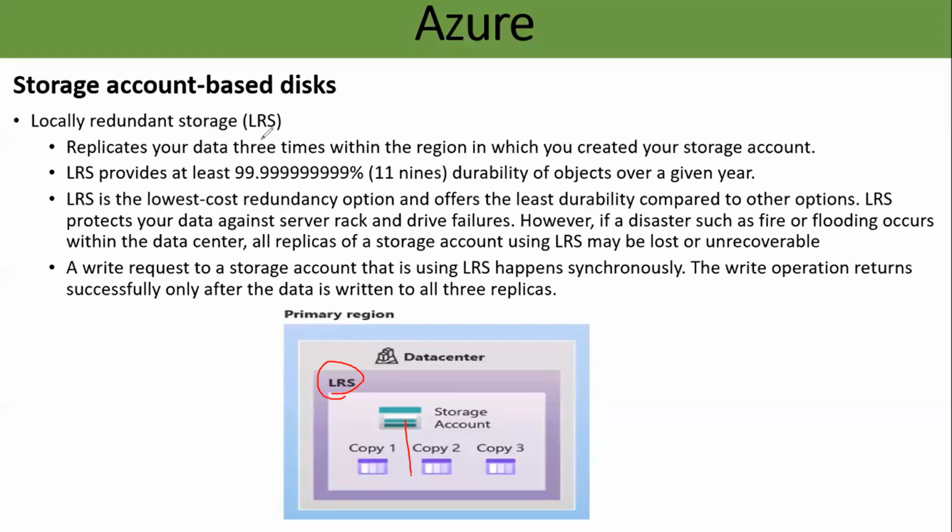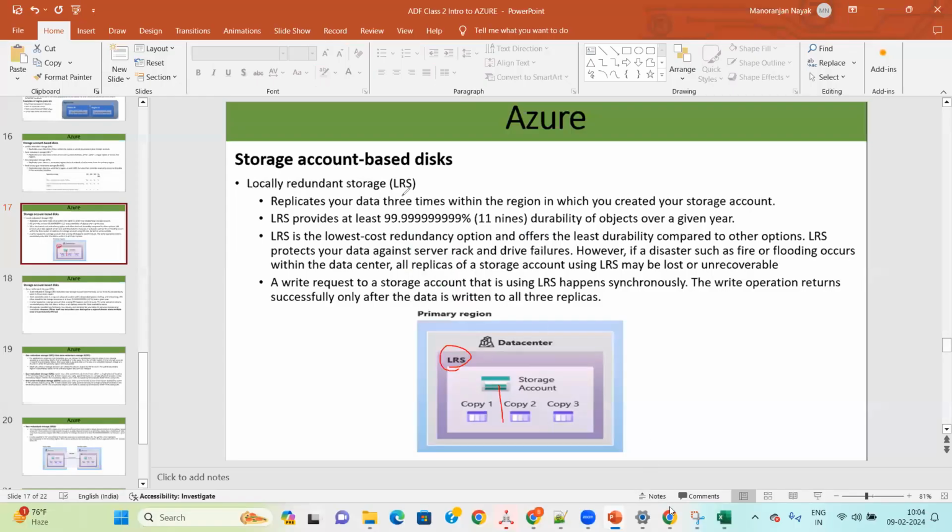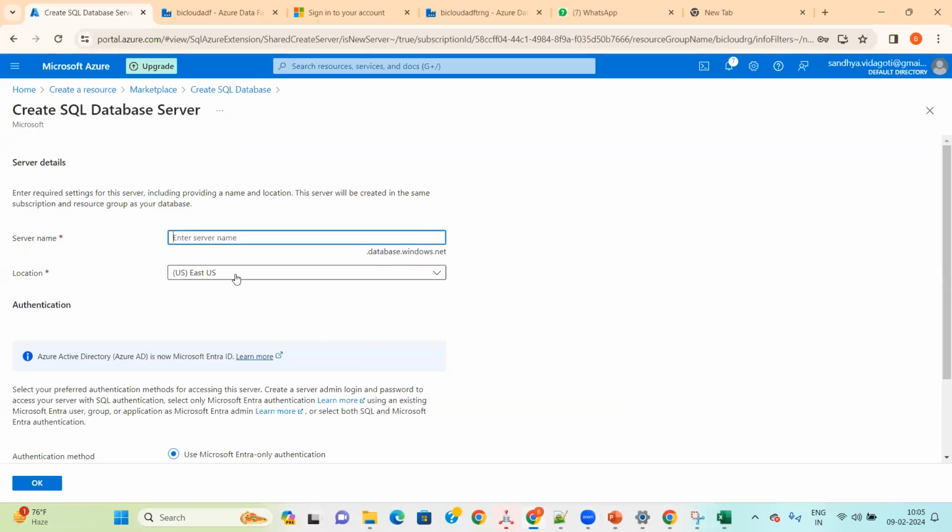The storage account will be in this way, and all these services are deployed in one region. This SQL server will also be deployed in the same region that we chose for the resource group, as well as the ADF and the storage. Now I'll give a server name.